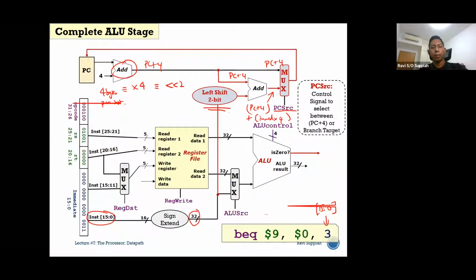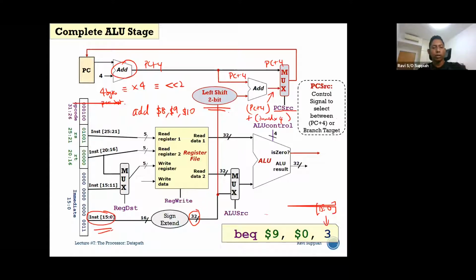But if I were to give you an instruction like the add, registers 8, 9, and 10, the earlier R-type instruction, which has no branch and no immediate value, whatever the case, you will still take the lower 16 bits and extend them to 32 bits.